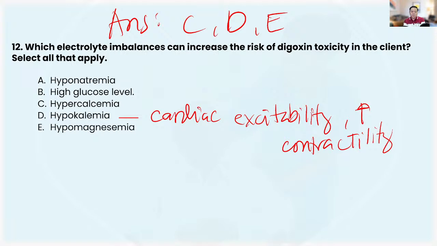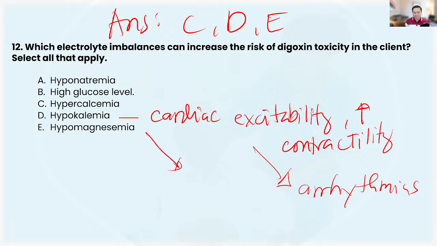So that is the reason why hypokalemia with digoxin is not going to make a good mix here. It is dangerous. It is never safe whenever there is hypokalemia and digoxin therapy. It will lead to that toxicity. It can cause arrhythmias, okay? The same result, arrhythmias, okay? The same thing with hypomagnesemia, low magnesium level.